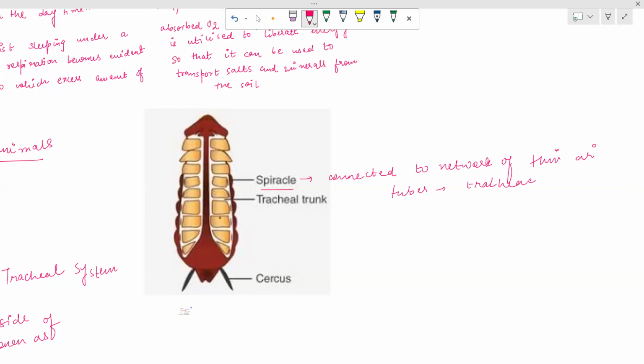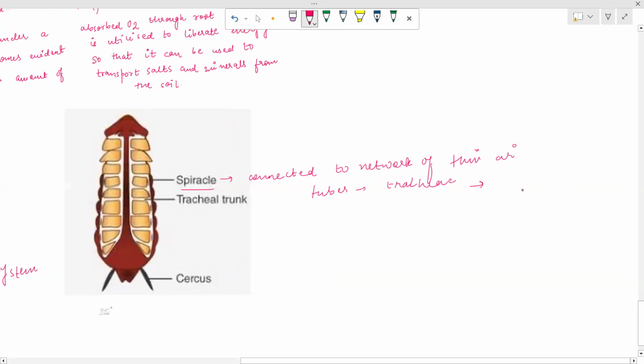So this trachea, if you can see, is dispersed all over the body. These are the spiracles and they have the air tubes within the whole body, known as the trachea. From here the gaseous exchange takes place.